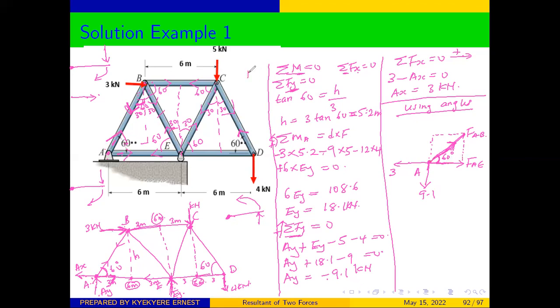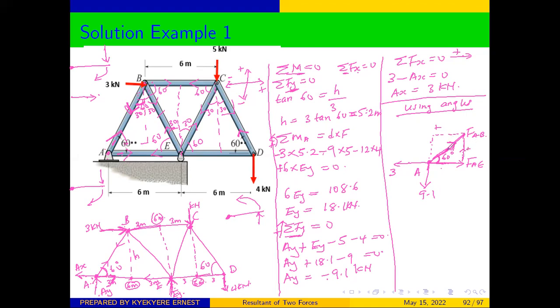Don't forget that our directions are like this. When we are moving in this direction it is positive, and in that direction it is negative. So we are moving this direction on the x, which is positive, and then moving up on the y, which is also positive.